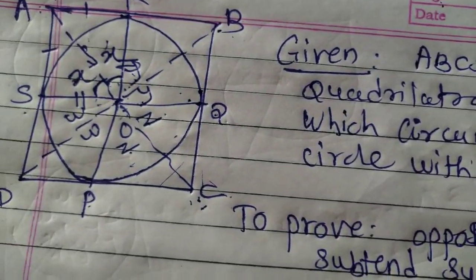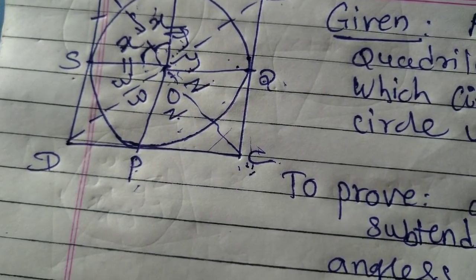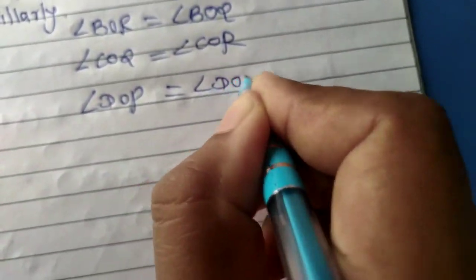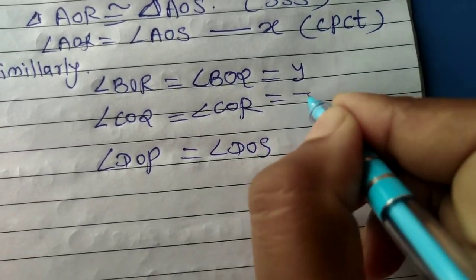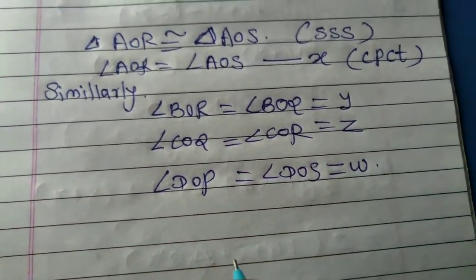Next, angle COQ and angle COP. And the last pair is angle DOP equals angle DOS. For the second pair we consider the measure y, third z, and the last pair w.